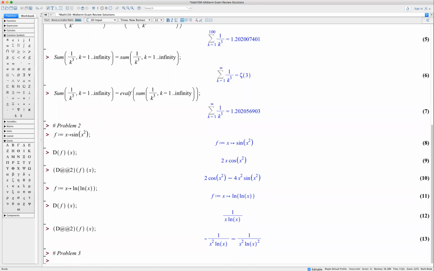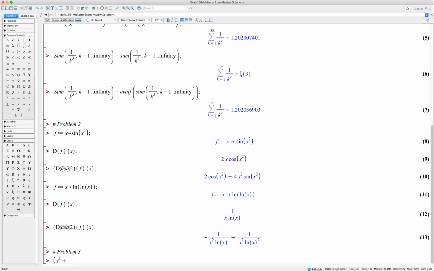Problem 3 is to expand a certain polynomial. So the polynomial is (x cubed plus 1) times (x squared minus x plus 1) times (x to the fourth minus 1).